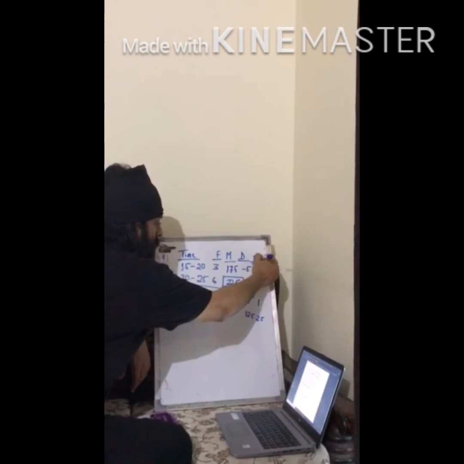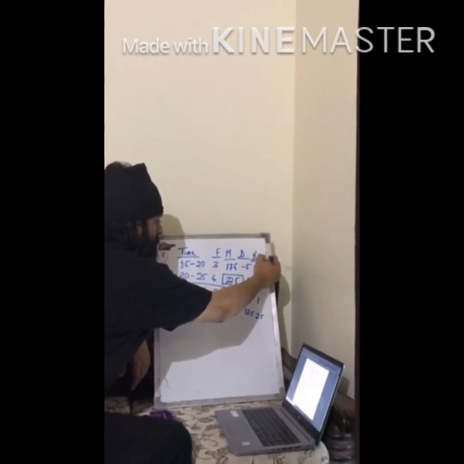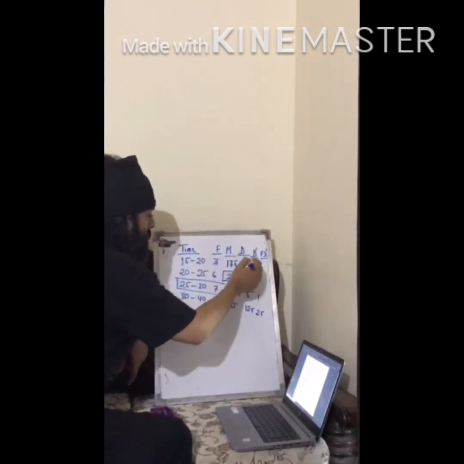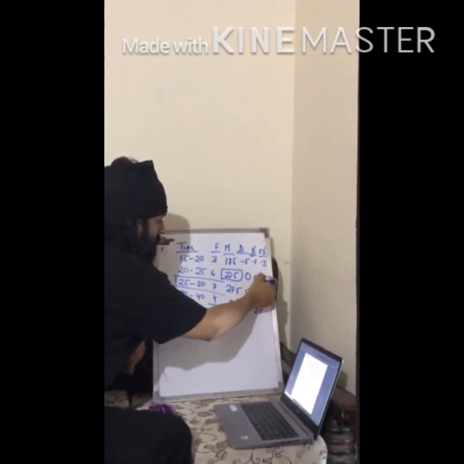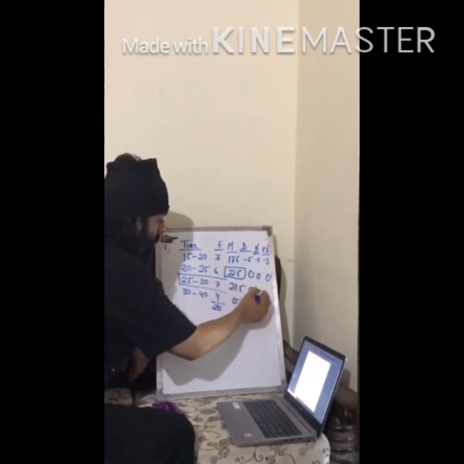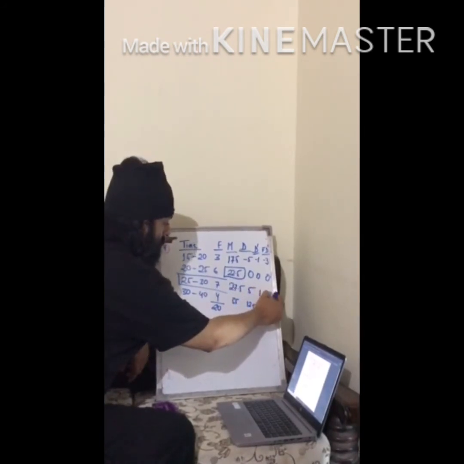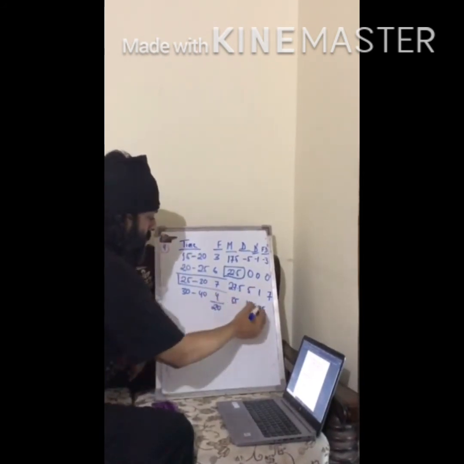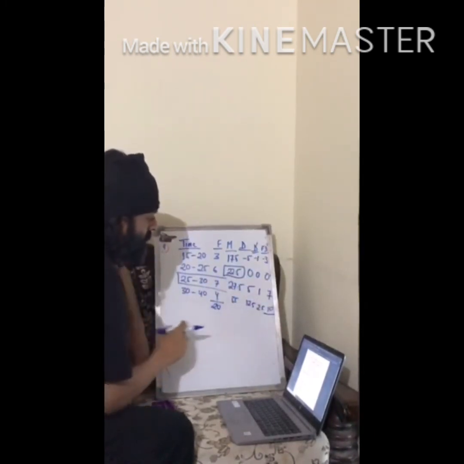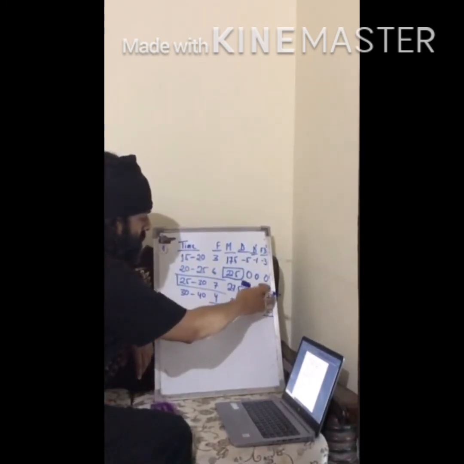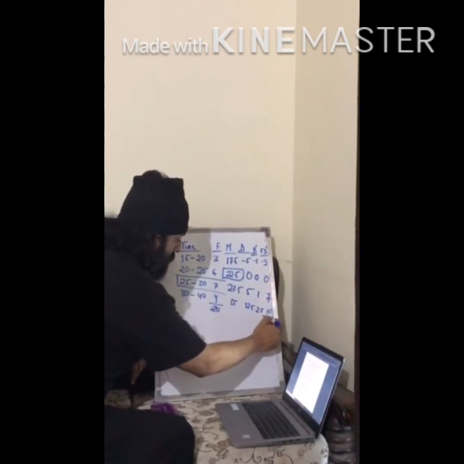And the last column, f d dash, will be given by 3 multiplied by minus 1 is minus 3, 6 multiplied by 0 is 0, 7 multiplied by 1 is 7, and 4 multiplied by 2.5 is 10. The sum of f d dash will be 10 plus 7, 17, minus 3, that is 14.